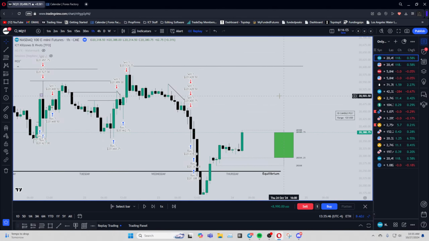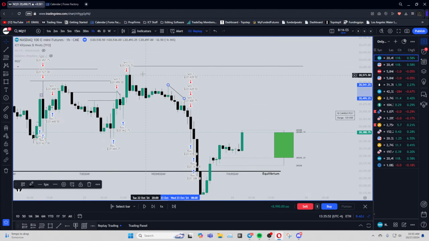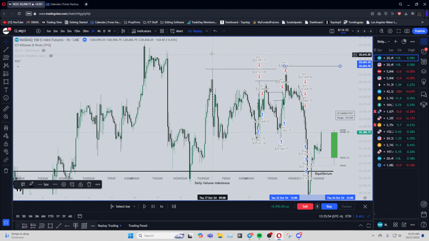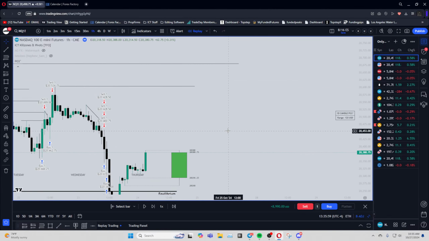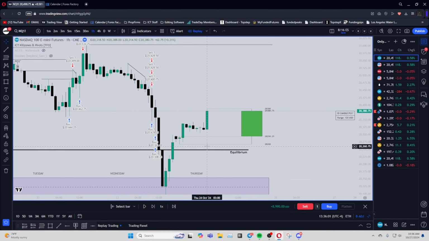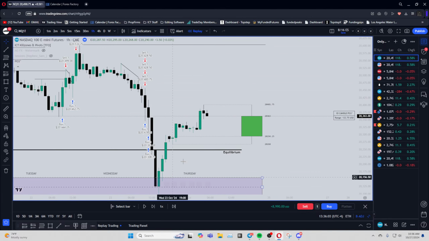So let's look at some of these highs. You have kind of low resistance qualities right here through these highs, all of these highs, and then through this high, and then mark out that one too. Let's see what happens.